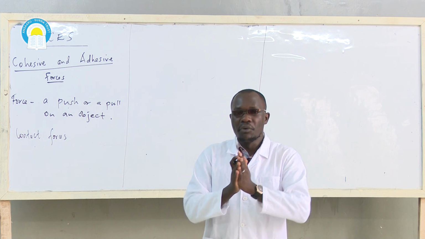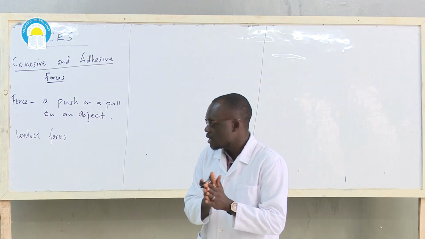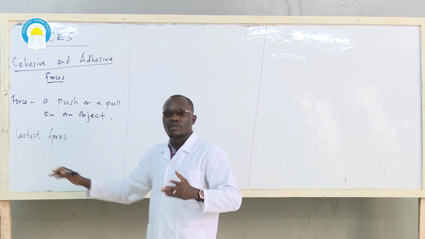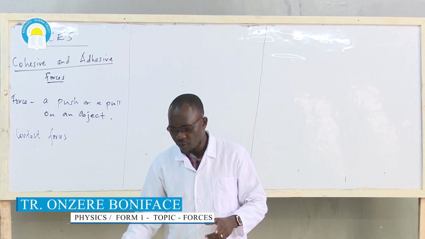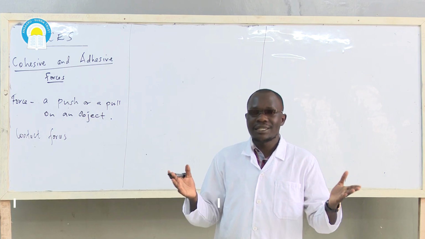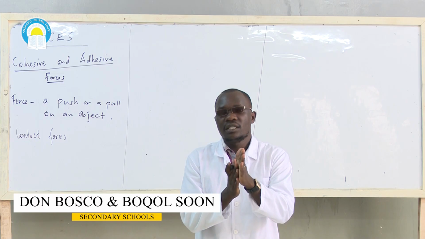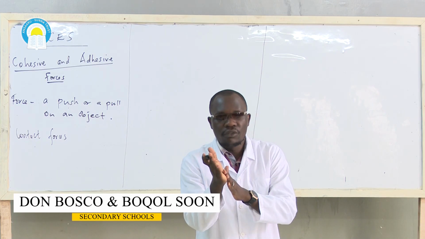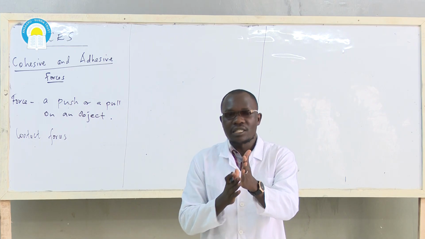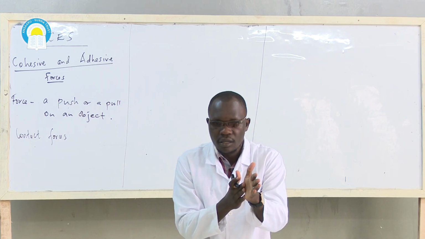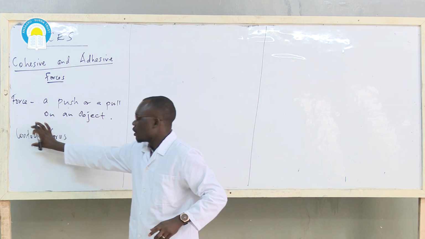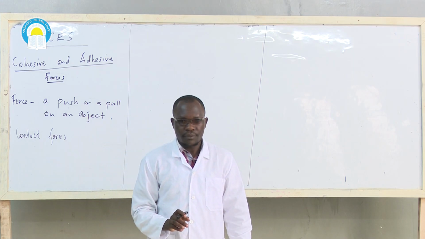We gave examples of contact forces. The main example of a contact force is friction. It opposes relative motion. When I rub my hands against each other, there is always a force in action. And this force which is trying to oppose my hand moving against the other is friction force. So friction force is a type of force which we call contact forces.